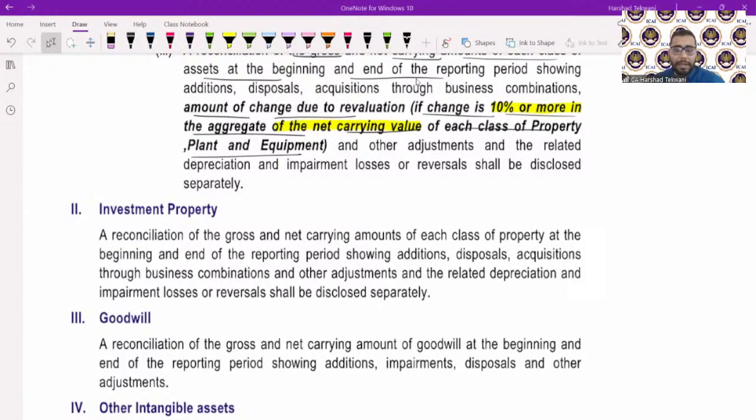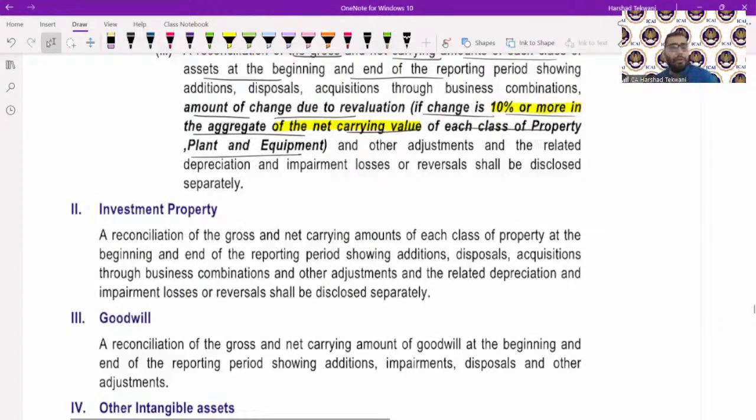Then the next part is investment property. For investment property also, what I'm required to do is a reconciliation of gross and net carrying amount of each class of property at the beginning and at the end of the reporting period, showing additions, disposals, acquisitions through business combinations or other adjustments related to depreciation and impairment or reversal.